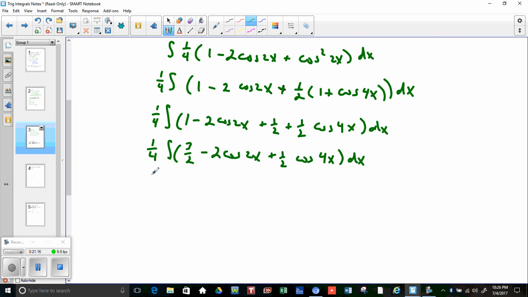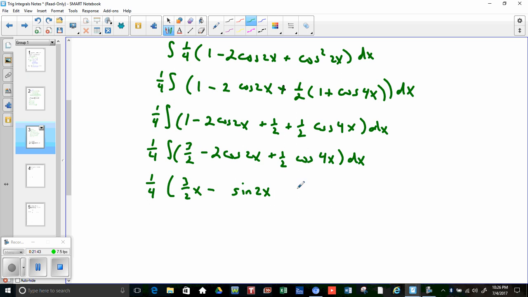And now we can take antiderivatives. 3/2 x. Remember that you've got a 2x here, so this is going to be minus. This will become a sine of 2x. The reciprocal of the slope here is 1/2, so 1/2 times 2 is 1, so I'm not going to write that.